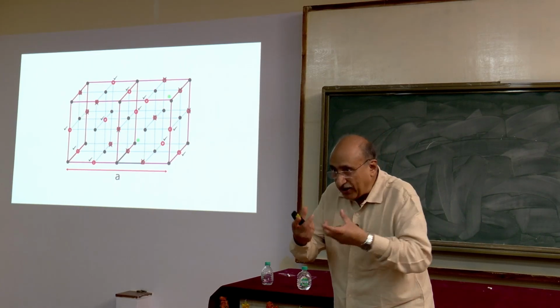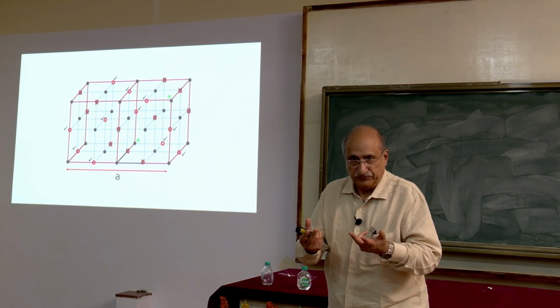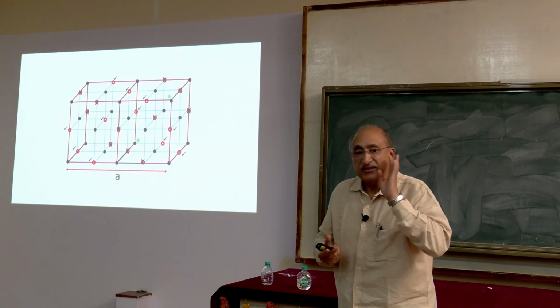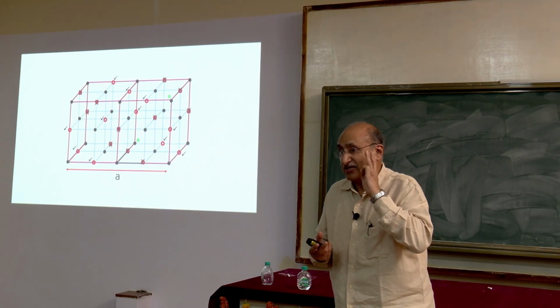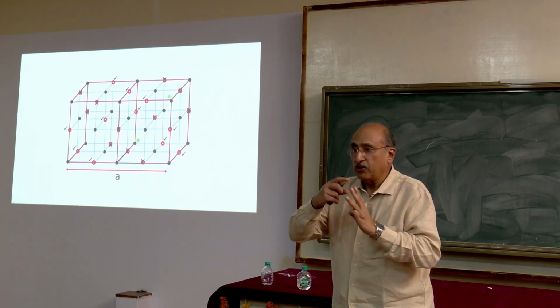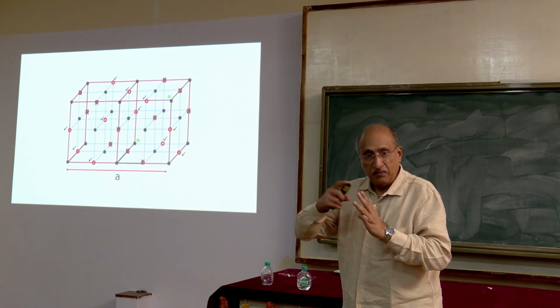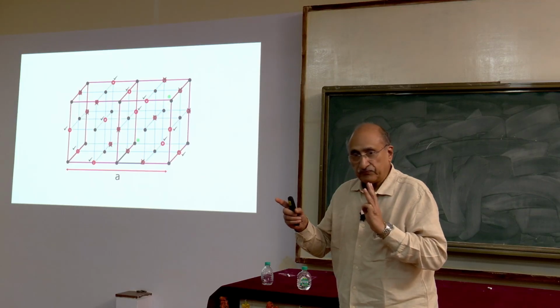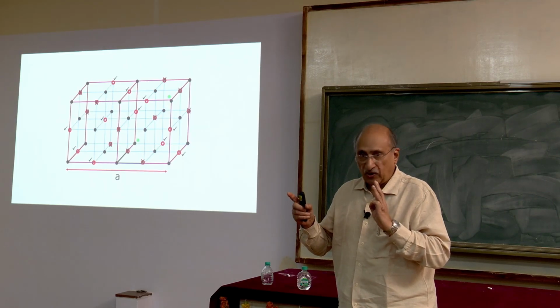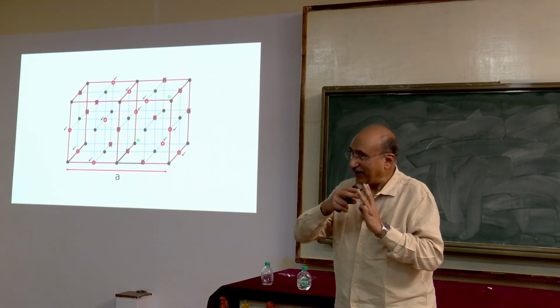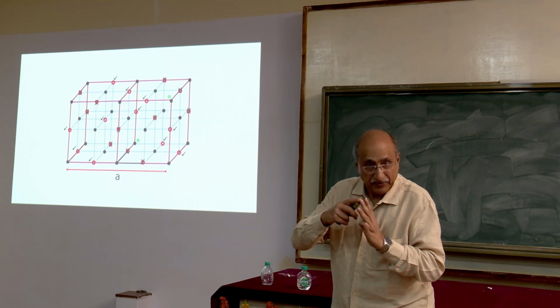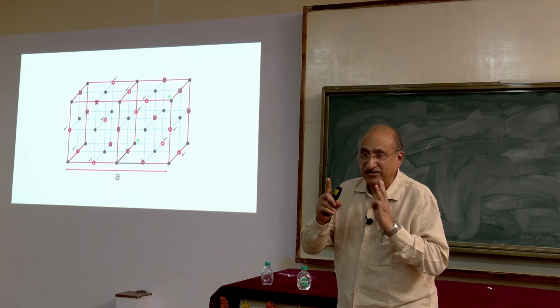The shorter the distance, the stronger it is. Now here there are three types of superexchange interaction possible: AOB, AOA, BOB. Alright? These are the magnetic ions. Oxygen is not a magnetic ion. Okay? Three types of exchange interactions are possible.